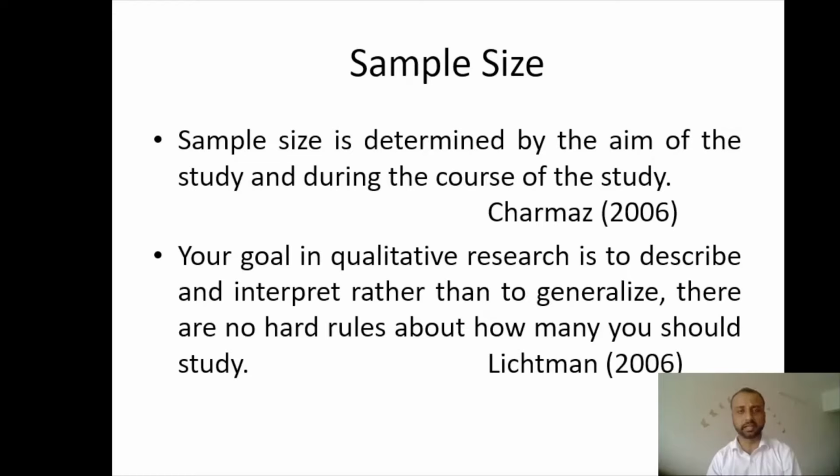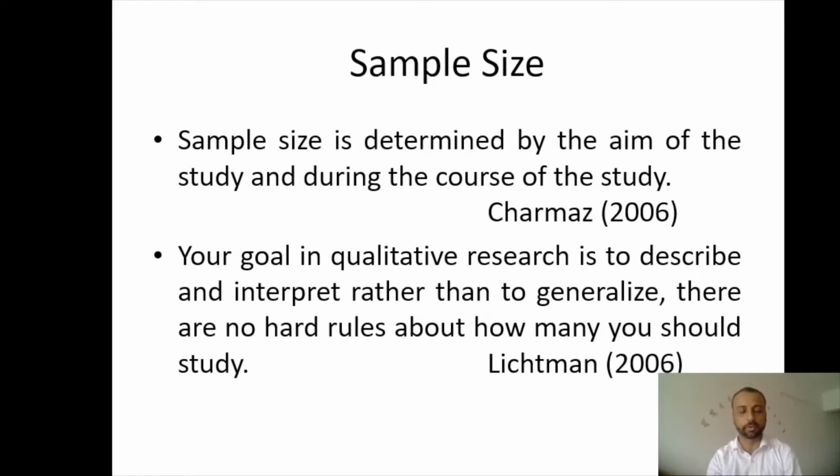You are saying that these findings are for that particular context or that particular situation. But Lichman has also said that sample size can be as less as 10 also. So there is no hard rule.